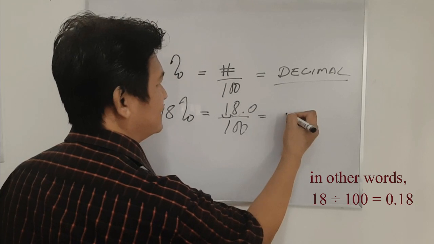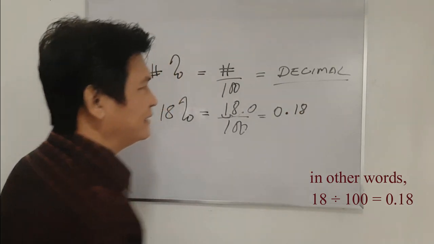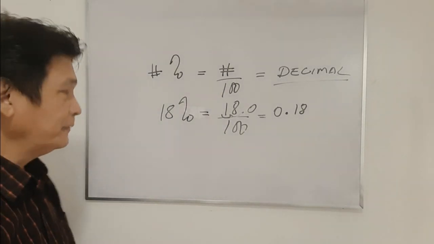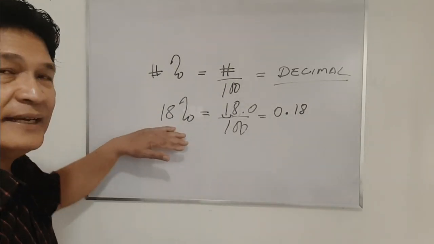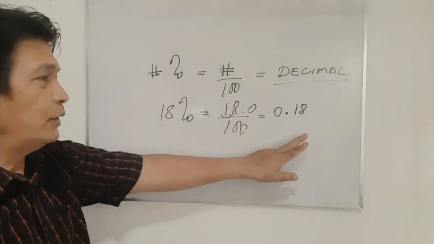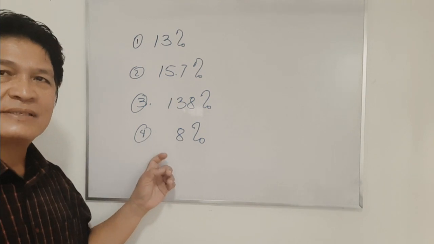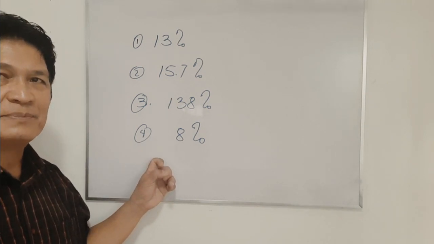That will be 0.18, and then you add 0. Therefore, 18% can be expressed as 18 over 100 or 0.18.